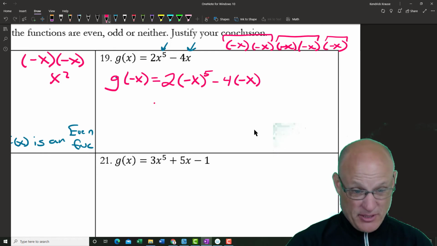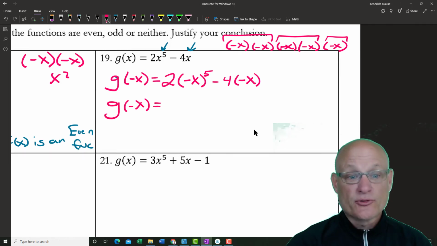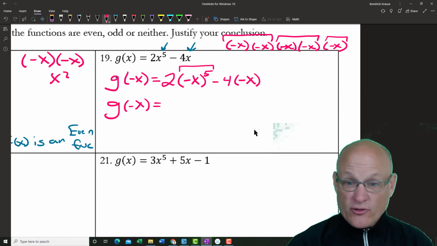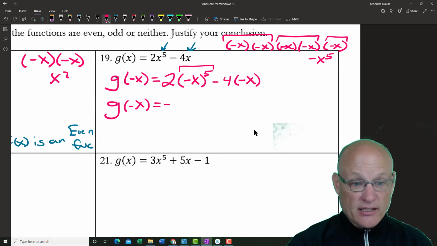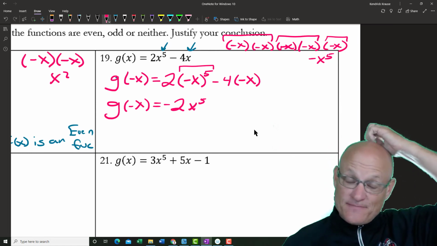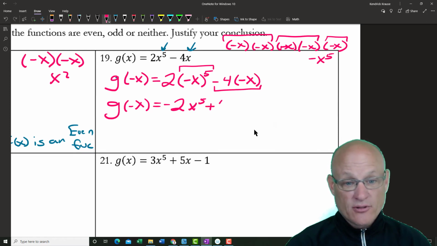So g of negative x turns out to be negative 2x to the fifth. The key thing is, if you have an odd number of negatives, it's negative. And then negative times negative is plus 4x.